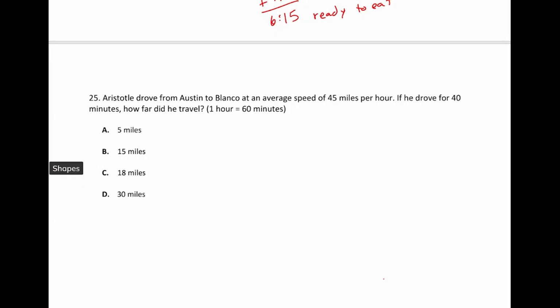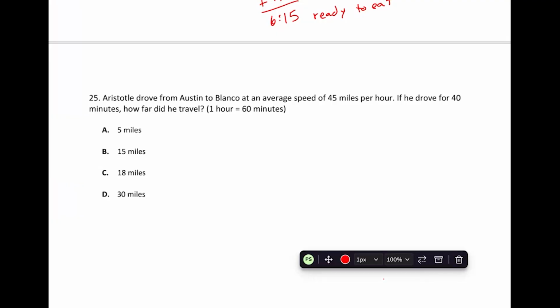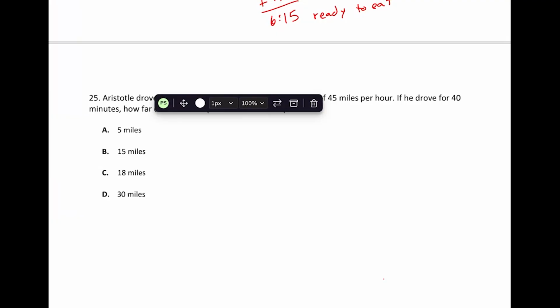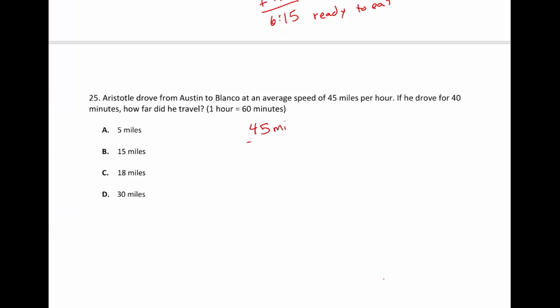So we're looking for how many miles, right? So if we did 45 miles per hour, and we know he drove for 40 minutes, so I'm just going to get ahead of the game and say, okay, well, he drove 45 miles in 60 minutes, because that's what 1 hour is. And we want to know how far he traveled in 40 minutes.